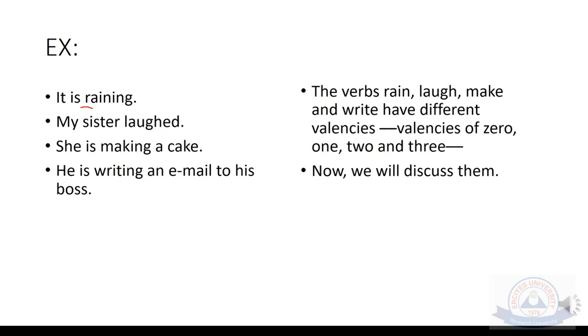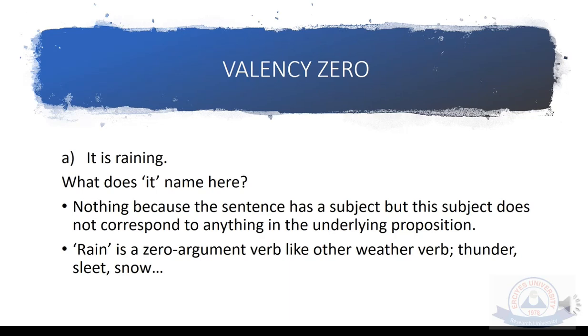And now we will discuss them, but I would like to show you also. It is raining has zero valency. My sister laughed. She is making a cake. He is writing an email to his boss. So let's discuss them now. Valency 0, it is raining. What does it name here? Nothing.